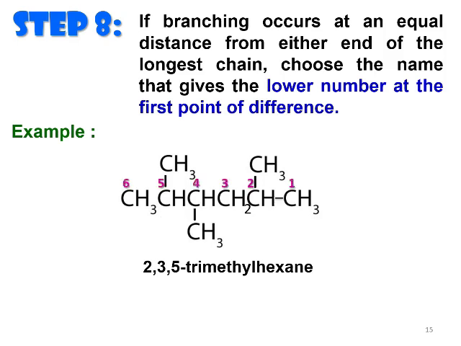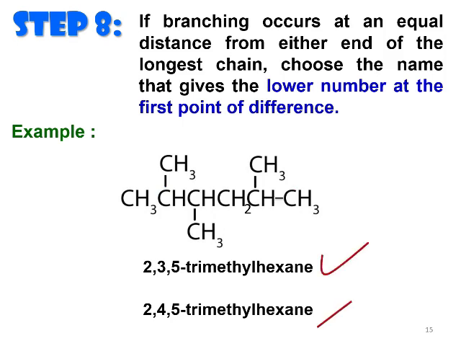If we count from the right, the substituents are at carbon numbers 2, 4, 5, and the name will be 2,4,5-trimethylhexane. So, which one is correct? Yes, the first one, because the numbers are 2, 3, 5, not 2, 4, 5.